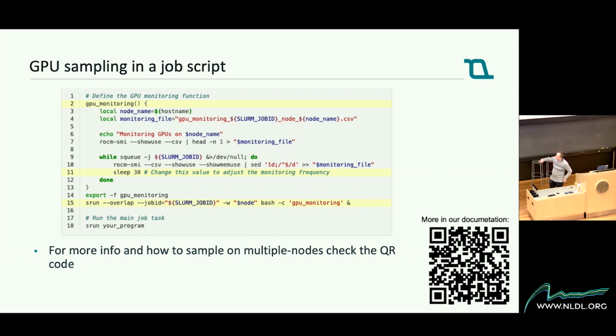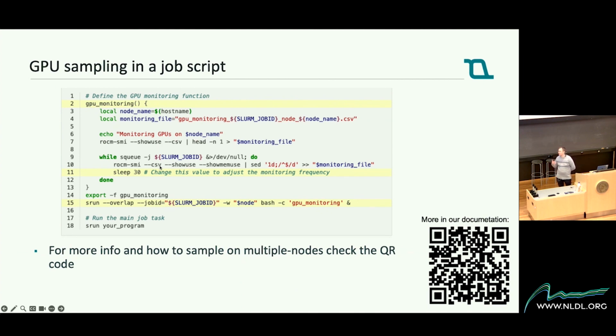In this particular function, I'm telling Slurm to sample my job every 30 seconds and give me GPU utilization and memory usage. I have it printed to CSV, and it dumps it all in a file with sampling every 30 seconds. Why CSV?